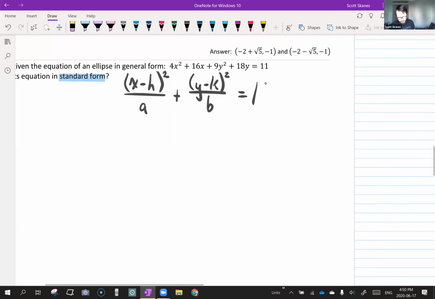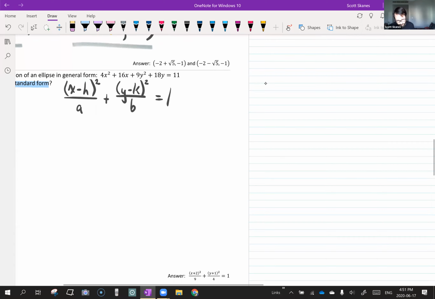Let me just say, if it was a hyperbola, for example, maybe that would be a good question for me to ask you on a final, maybe a hyperbola. A hyperbola has a slightly different form. It looks like this. It looks basically the same.